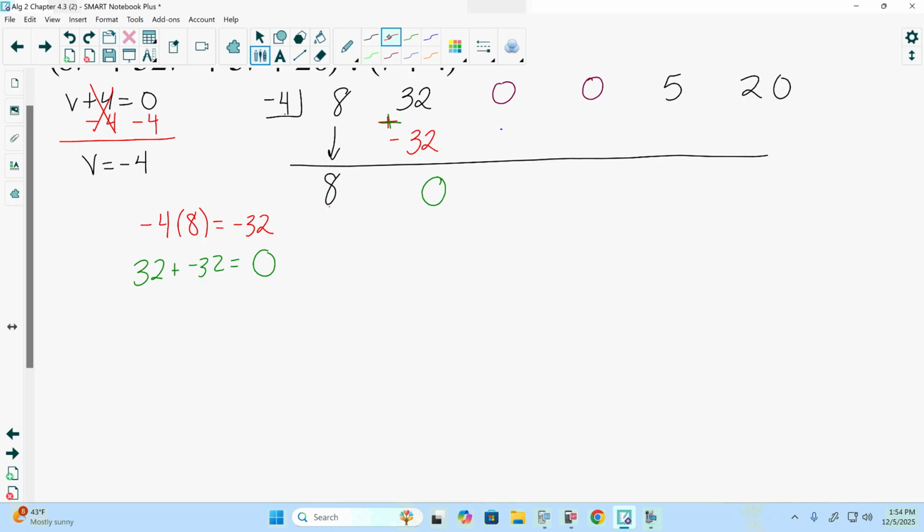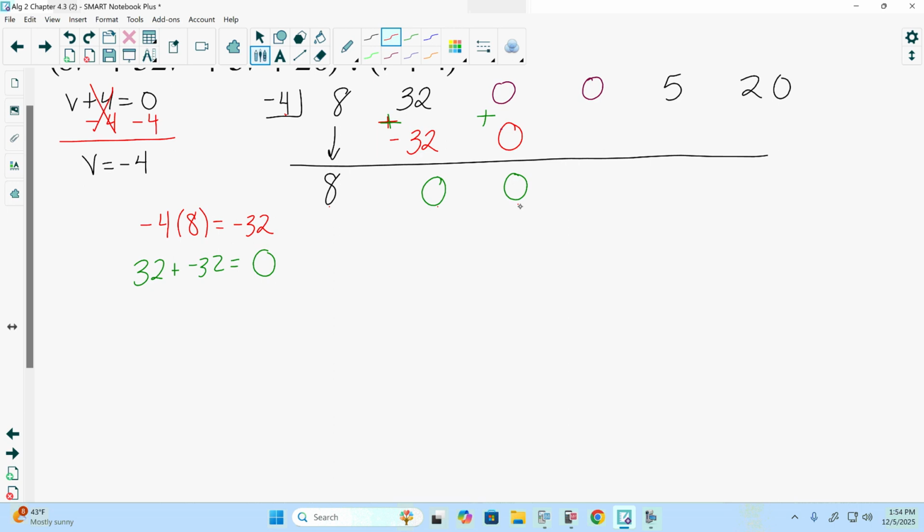I'm not going to write this multiplication out, because what are we going to do next? We're going to do negative 4 times 0. And well, negative 4 times 0 is 0. Next we need to add 0 plus 0 is 0. Then we're going to multiply.